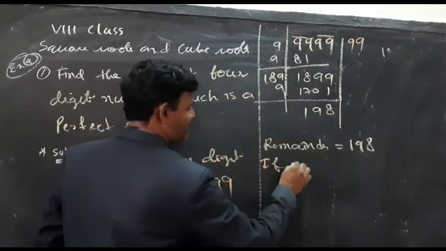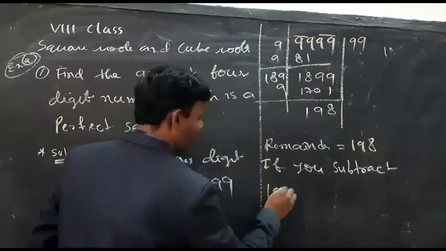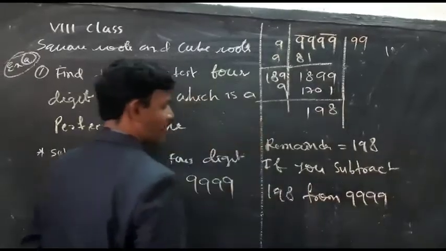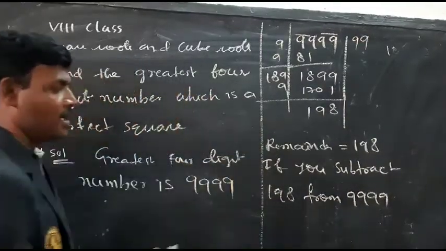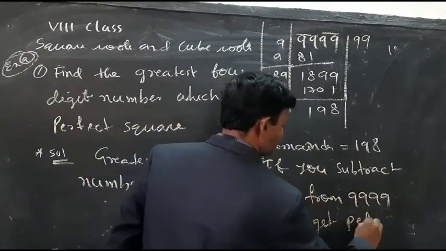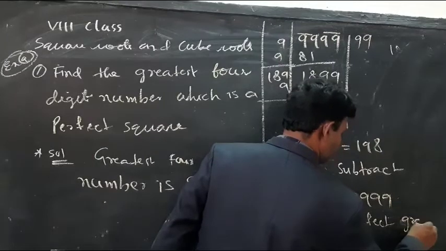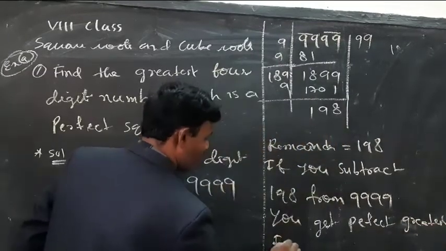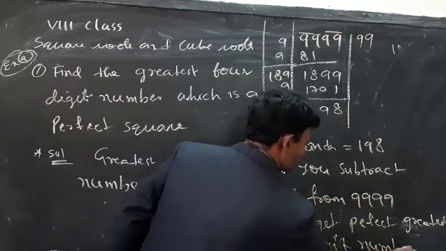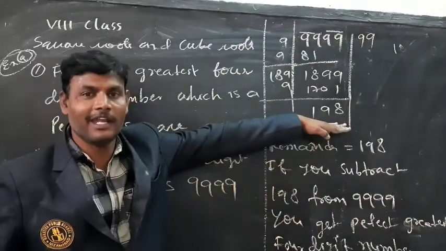If you subtract 198 from 9999, you get the greatest 4-digit perfect square. By the division method, I get 198 as the remainder.